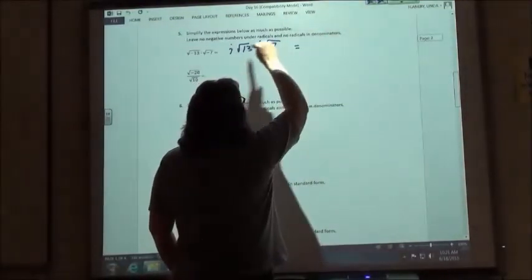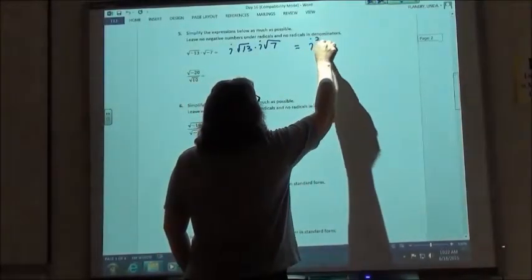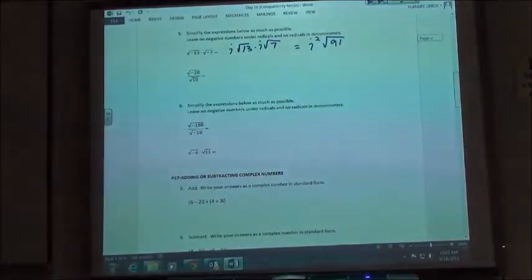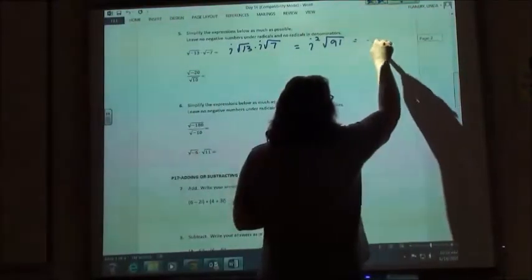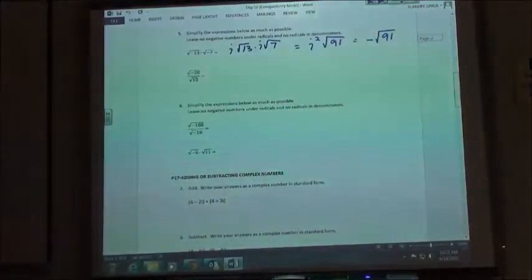I'm going to have in front i squared square root of 91, right? i squared is equal to -1, so I'm going to replace that with a negative and make that negative square root of 91. I don't think I can simplify the square root of 91. I can't think of any perfect squares there.